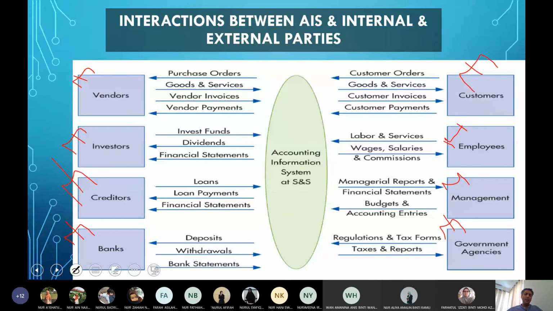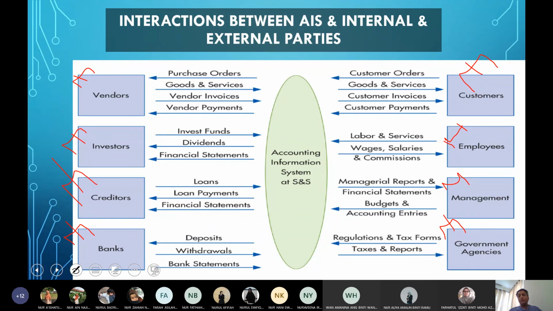So let's take the example of the customer relation with the accounting information system. Customers will send information about the customer order, the quantity and also the description of the goods or services they require, and then the system will process this information and send the shipment documents when the goods and services are sent to them.